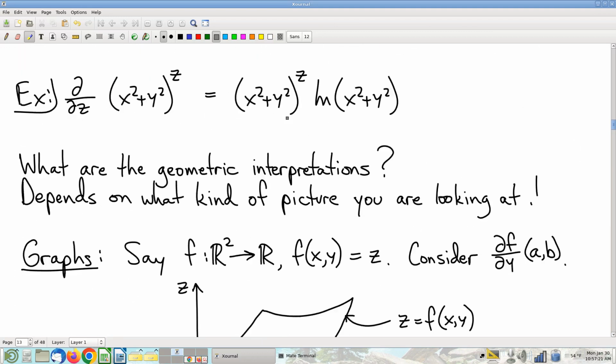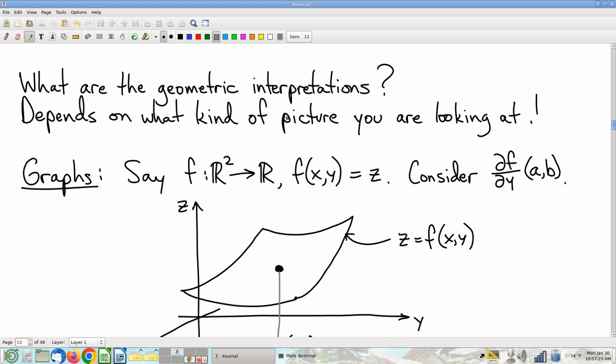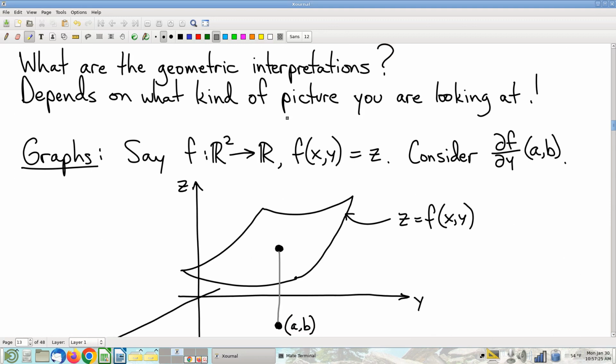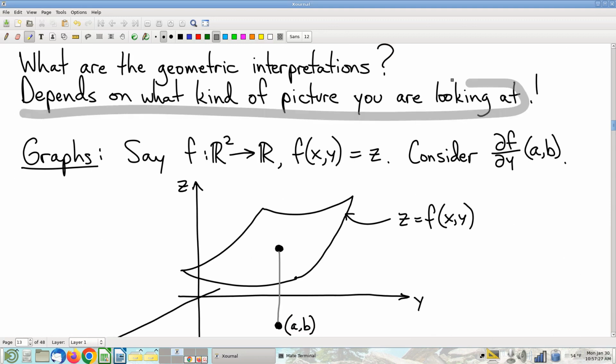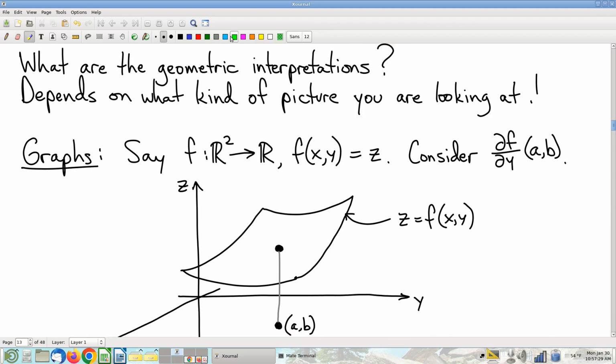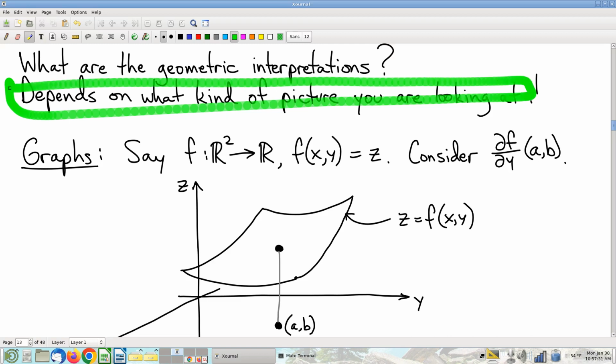So, does this mean anything natural geometrically? Well, it turns out that, yeah, it does. Now, what it means geometrically depends on what kind of a picture you're looking at. This is an example of a situation that I warned you all about. Last time we were talking about graphs and level sets and the literal picture of a function, and then let's not forget that parameterizations have an image.